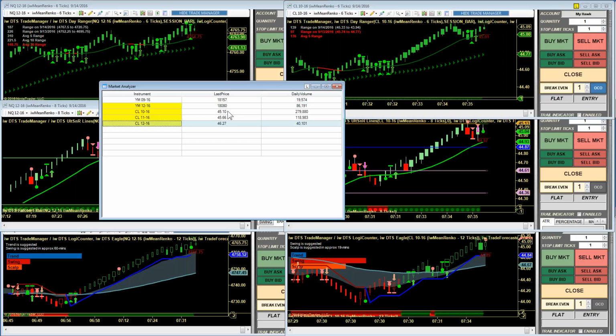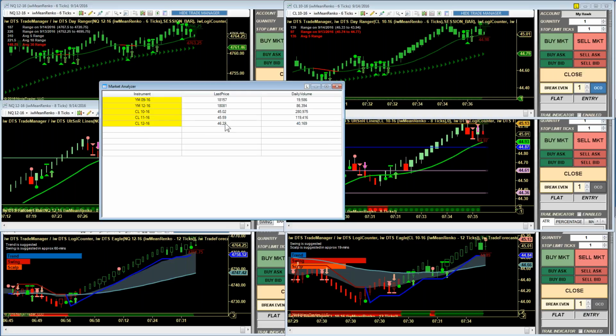If you watch the price changes, you'll see normally the front month has a little bit more volatility to it. The price swings will be a little bit greater than the further out. And that should make sense intuitively, right? You're in the future, by December, you're not so worried what the price of crude is going to be.